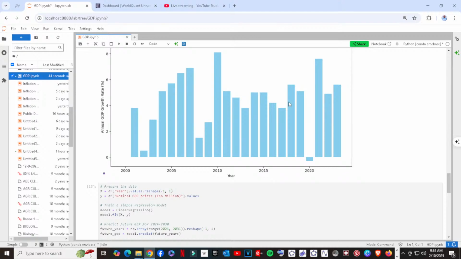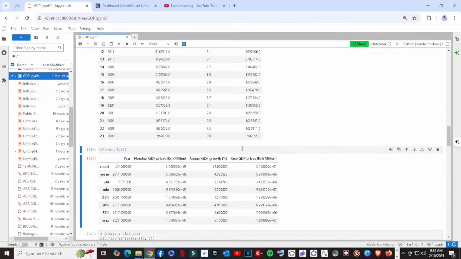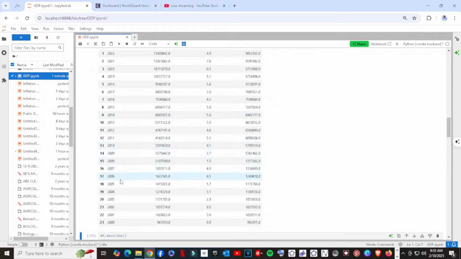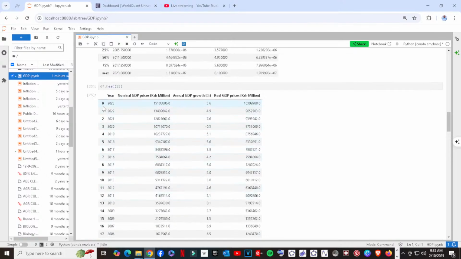So the highest ever recorded annual GDP growth rate was in 2010, and the second highest ever recorded was 2021. And it should be said that by 2023, let's talk about 2023, the annual GDP growth rate was now 5.6.